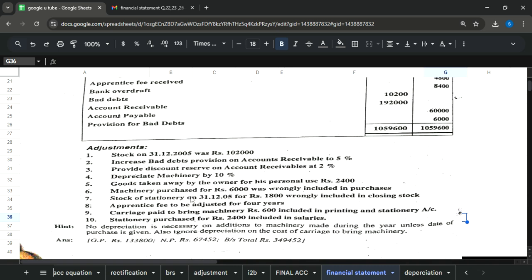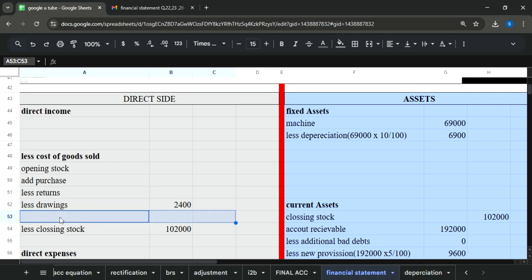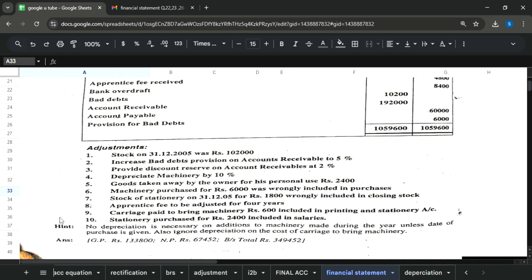Then we have machinery purchase 6000 wrongly included in purchase, another adjustment related to purchase. So let's put this closing stock further down, and here note carefully what is said.